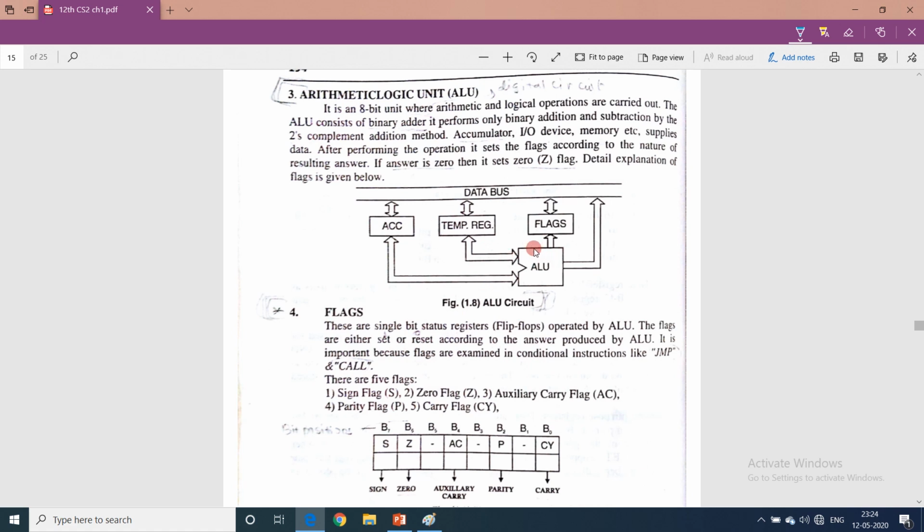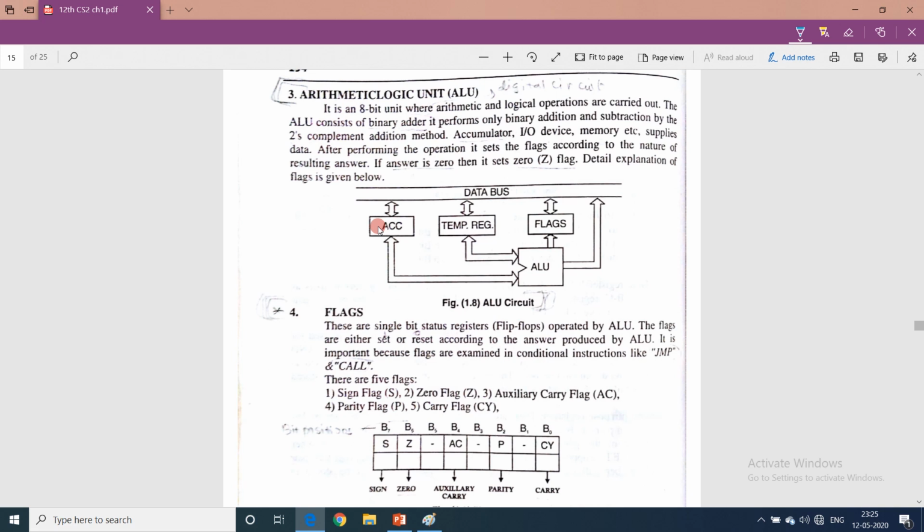Here, as you can see, this is the ALU. The ALU is connected to the flags because after performing arithmetic and logical operations, it sets or resets the flags. The temporary register, if you remember, is used to store one of the operands. The accumulator also stores one of the operands. Another function of the accumulator is to store the result after performing, for example, 2 plus 3, the answer is 5.